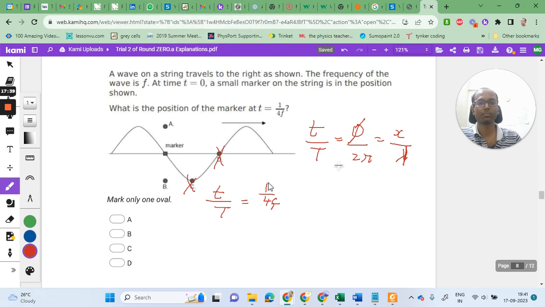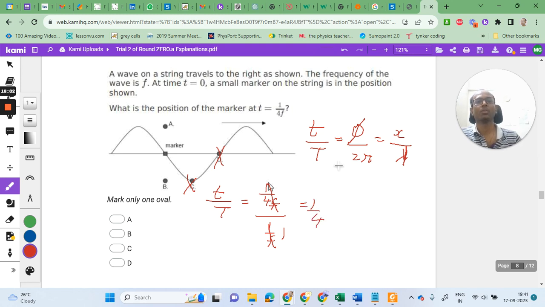divided by, now time period is 1 by frequency. So 1 by f will cancel out with 1 by f, and you are left with 1 by 4.